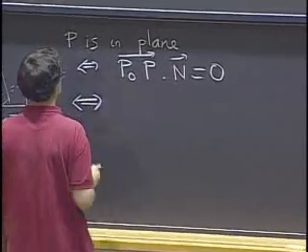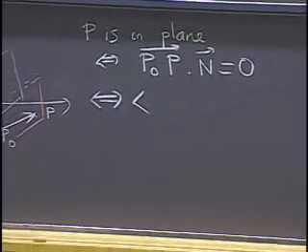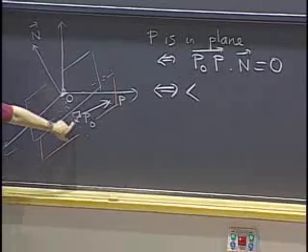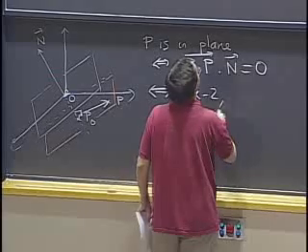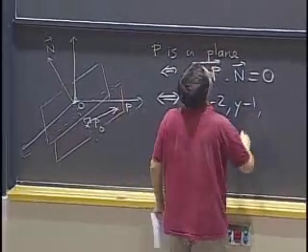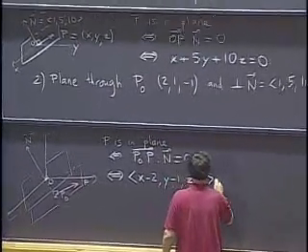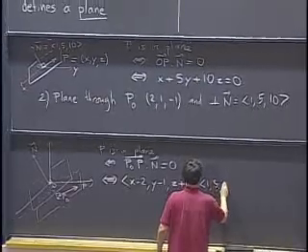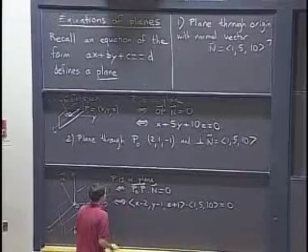And now let's think for a second, what's vector P0P? Well, we take the coordinates of P and we subtract those of P0. So that should be x minus 2, y minus 1, and z plus 1, dot product with 1, 5, 10 equals 0. Or let's expand this.